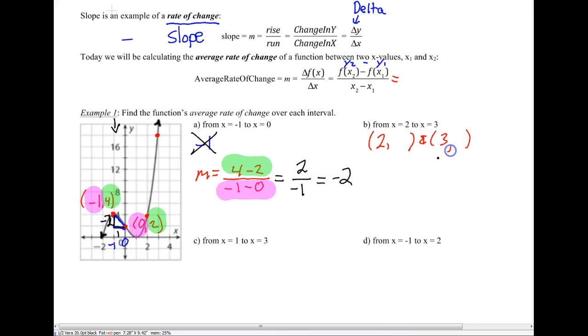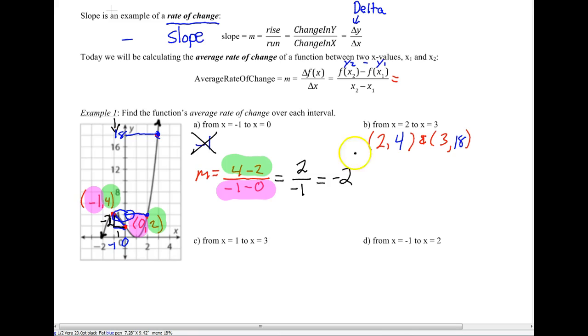And 3 comma what? Is it 2 comma 4 maybe? I'm just getting that from looking at the graph. Like if I take right here and I go over, I'm going to be at 4. And then for here, x equals 3, this would be 18. And then you can use those 2 points to find your slope.